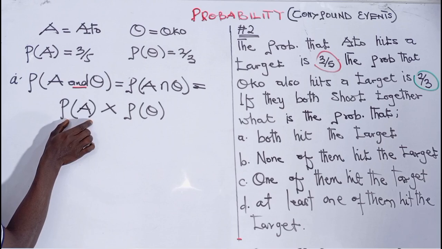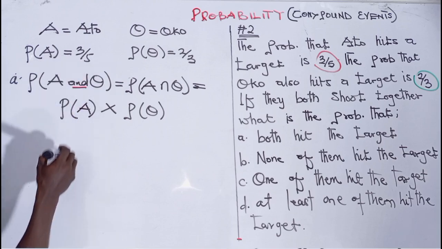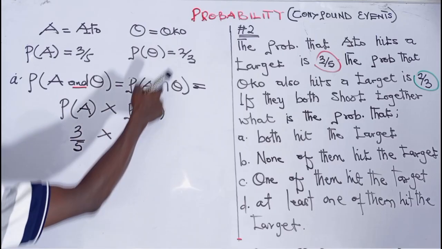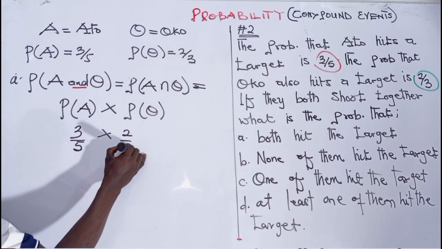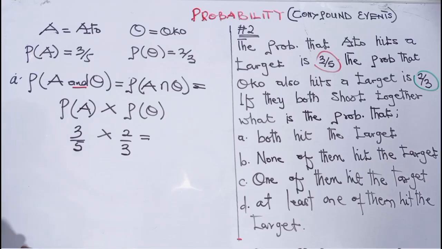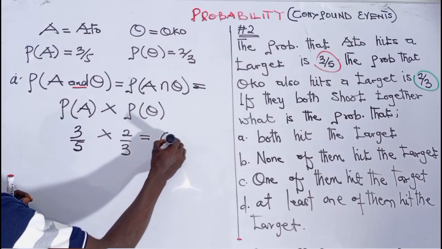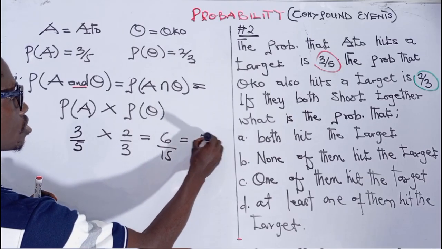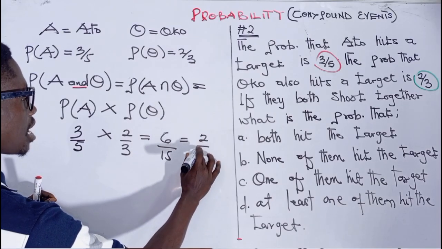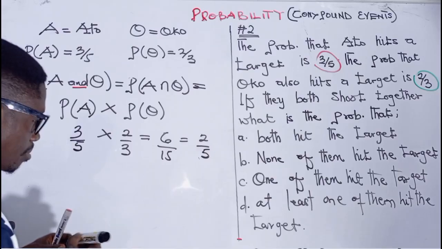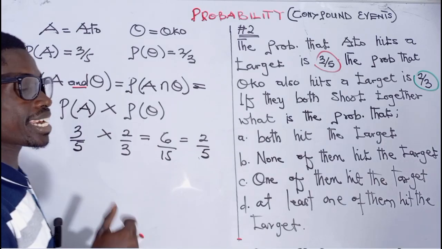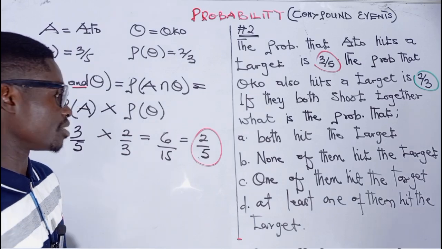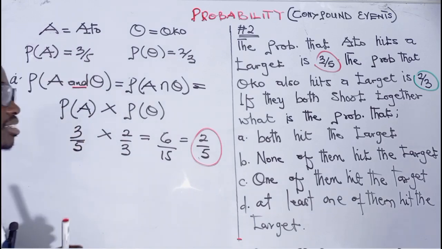The probability that Ato hits the target is 3 out of 5, so we have 3 over 5. For Oko, we have 2 over 3. When you do your multiplication, you get 6 over 15. When you simplify, you get 2 over 5. So the probability that both of them hit the target is 2 out of 5. Very easy and simple.